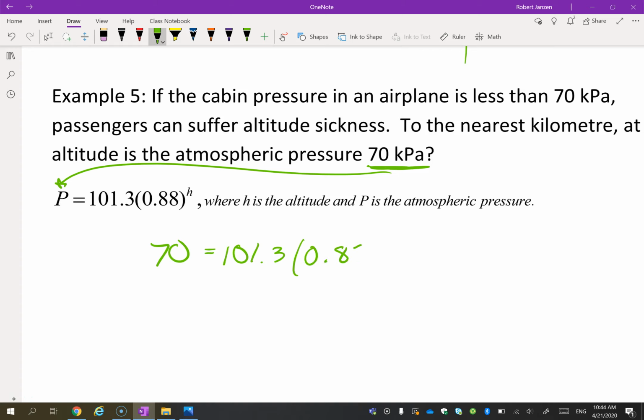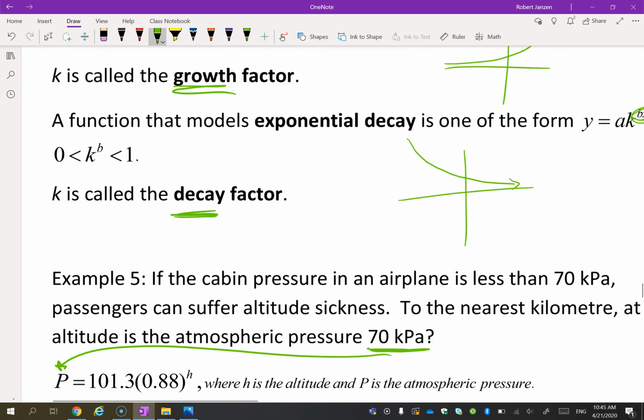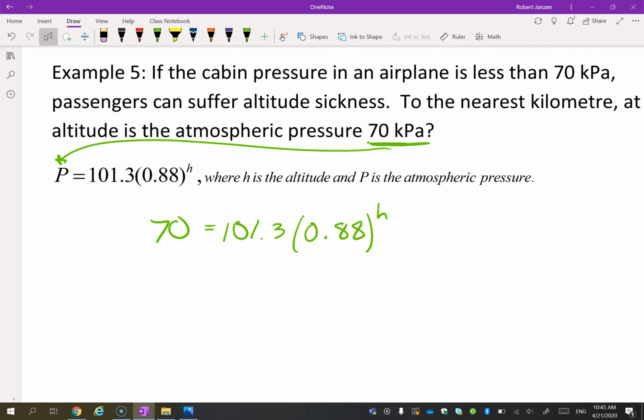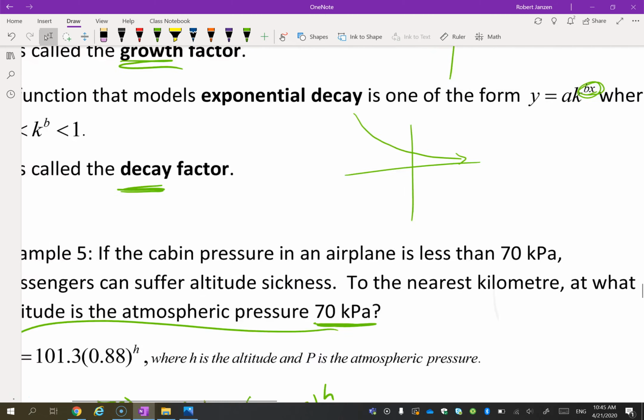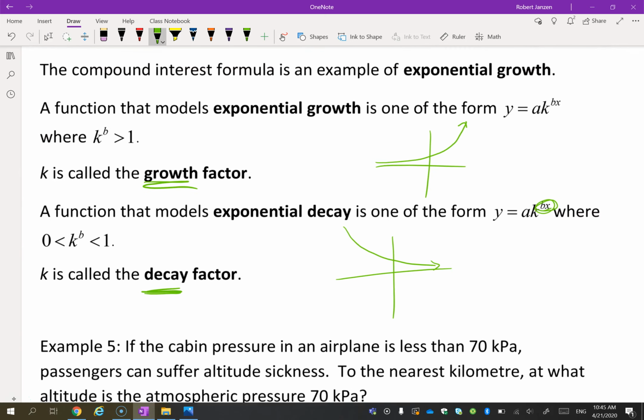Now if I look at this, I actually made a mistake. Let's just go back up here for a second. The growth and decay is not in the exponent, sorry. It's in the value of k. I forgot. I didn't make that clear.